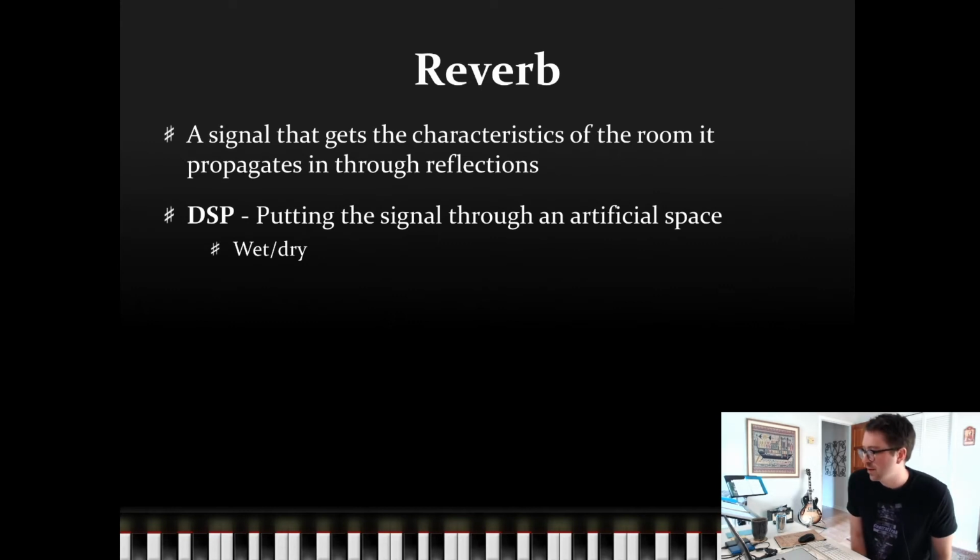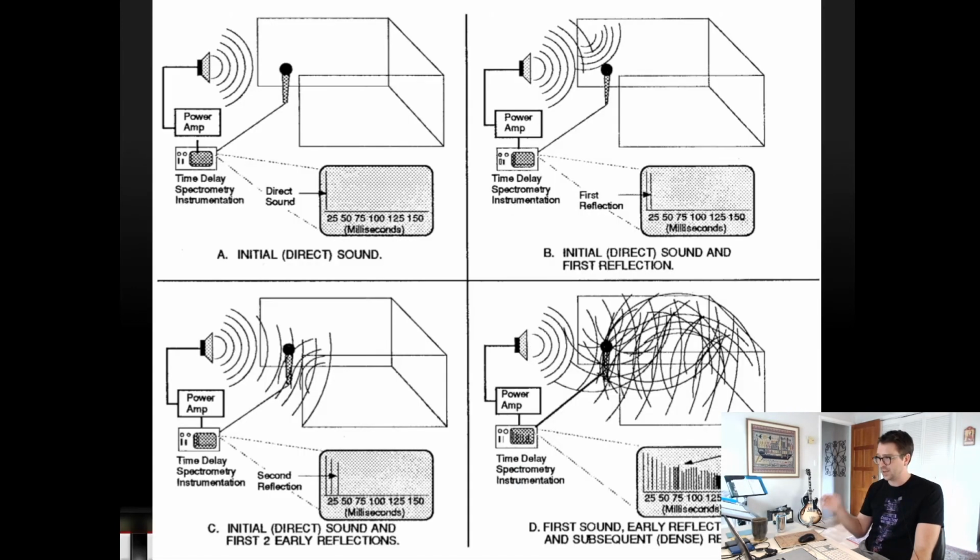Another time-based process is reverb. And reverb is a signal that adds the characteristics of a room to a sound through reflections. So it's putting the signal through an artificial space. And there are 4 stages to reverb. So you have the direct sound. You have the sound after it reflects off the wall one time.